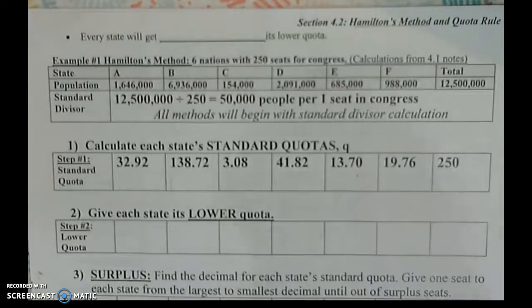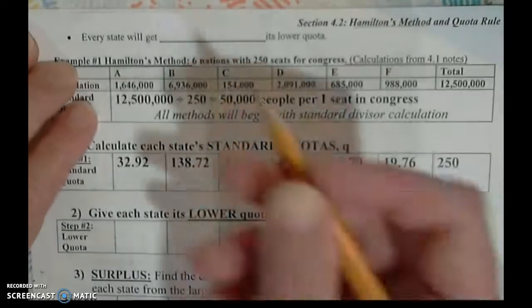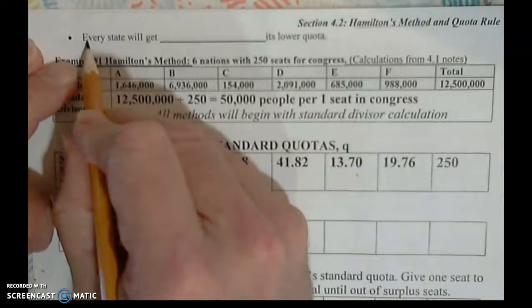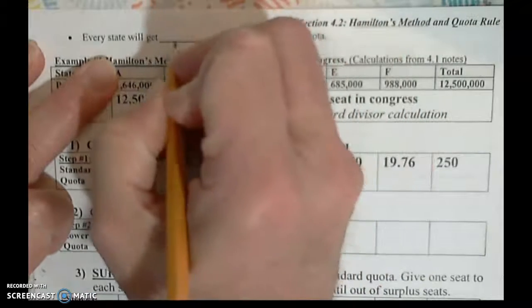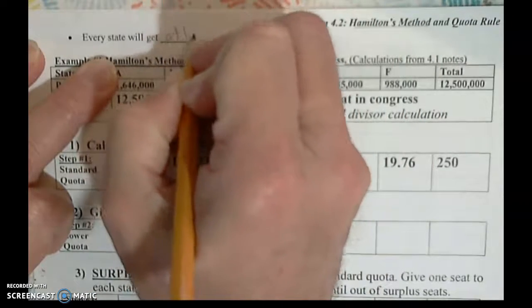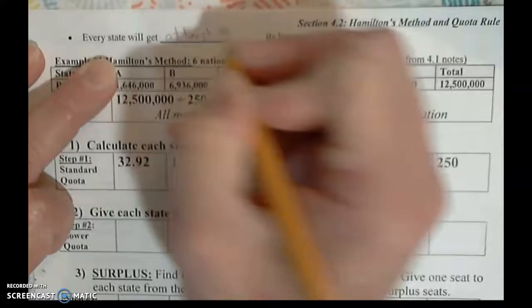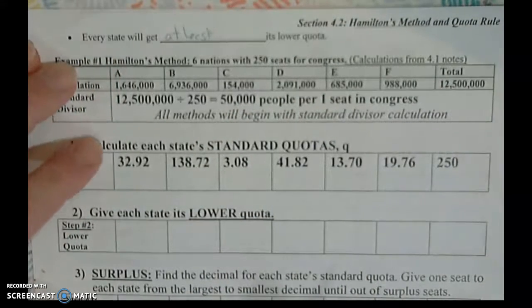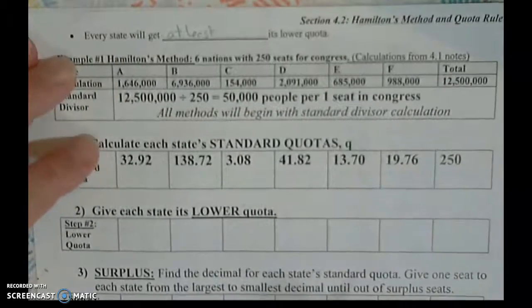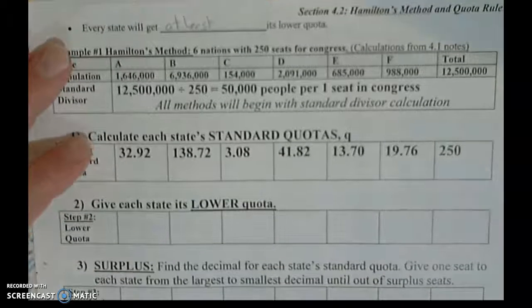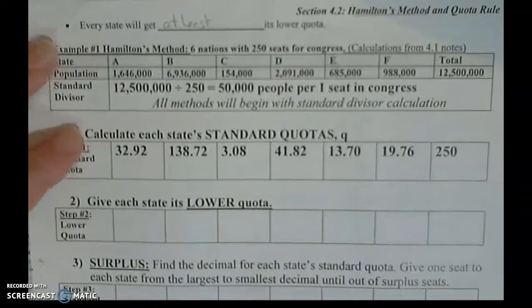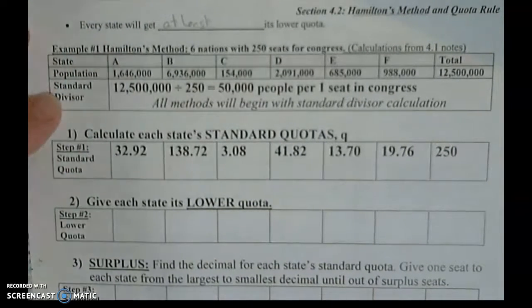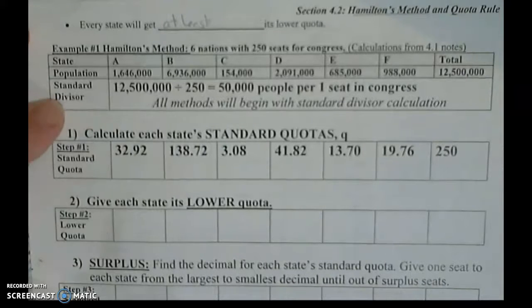Hamilton's method basically says that every state will get at least its lower quota. Hamilton felt like every state should get at least their lower quota. And that's what Hamilton's method says.